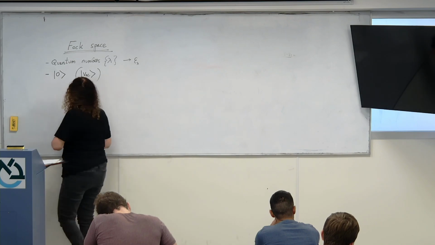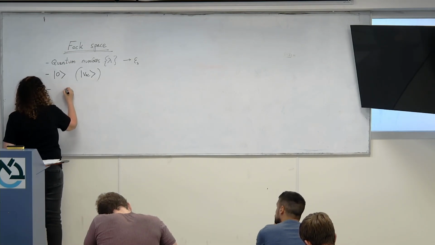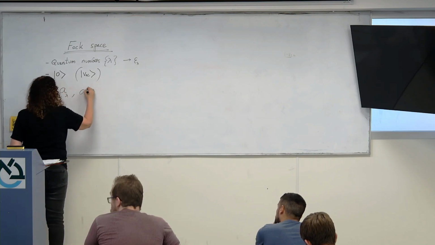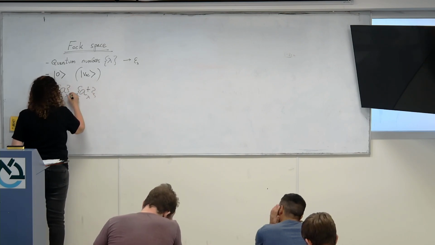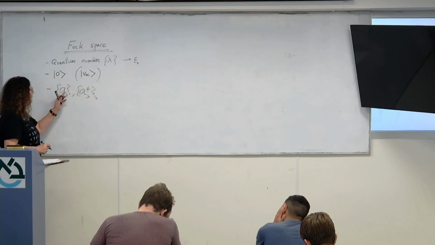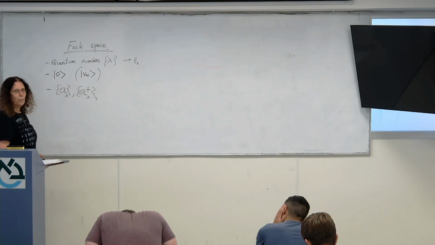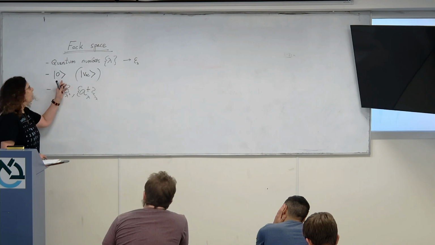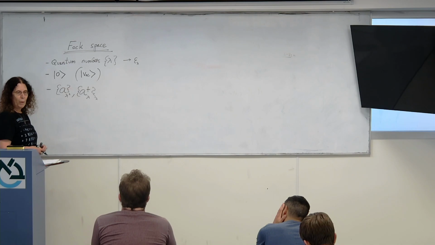And then we define a set of creation and annihilation operators, okay, which correspond to all possible lambdas. And I emphasize that the creation and annihilation operators are defined with respect to the vacuum. Okay, so the choice of vacuum defines what is an annihilation operator compared to this vacuum.